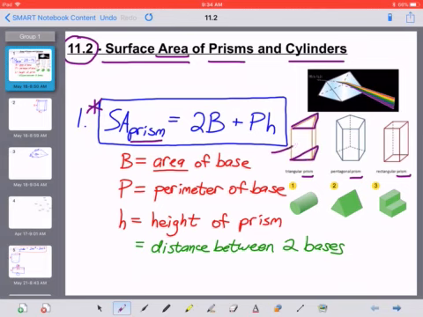And in between those two triangles, there are rectangles that connect all of the sides. So because this prism has triangles on the top and the bottom, that's why we call it a triangular prism. If we look at this second figure, there is a five-sided figure, a pentagon on the top, and a congruent pentagon on the bottom, parallel to the one on top, and rectangles connecting them all. So this is a pentagonal prism.